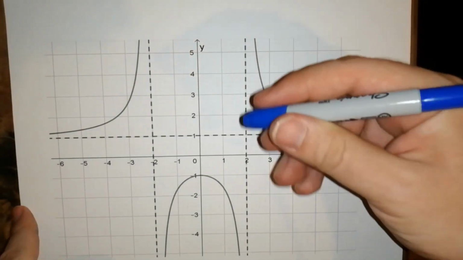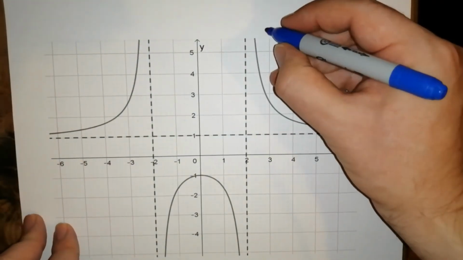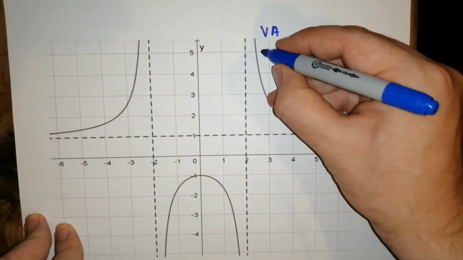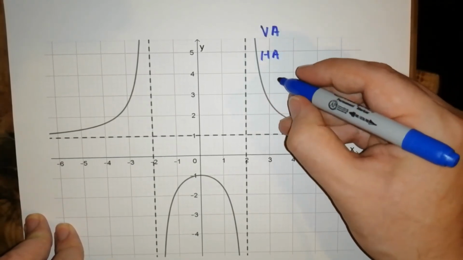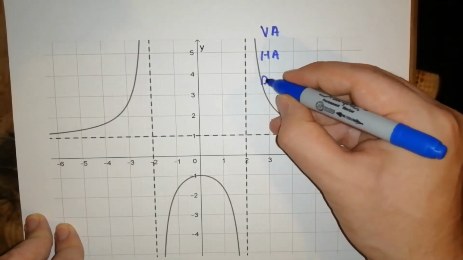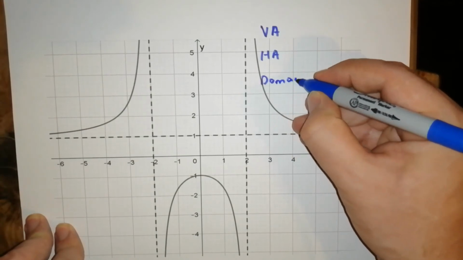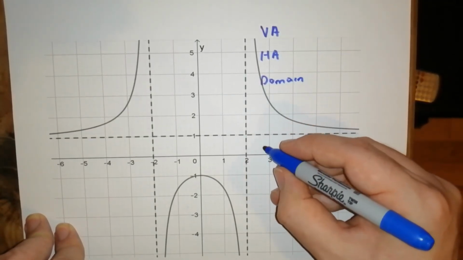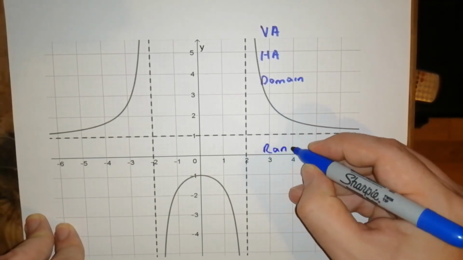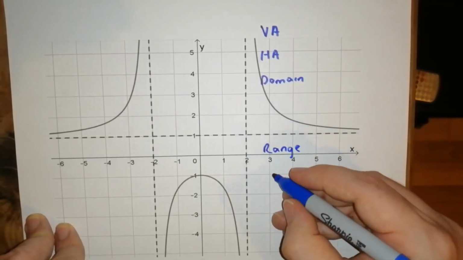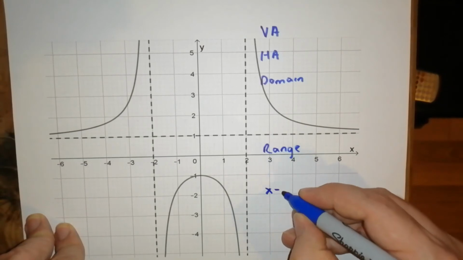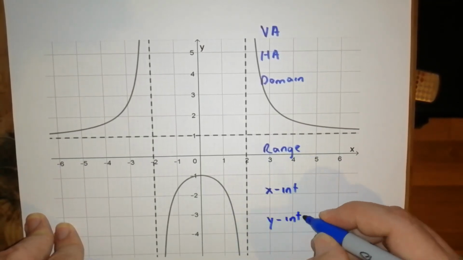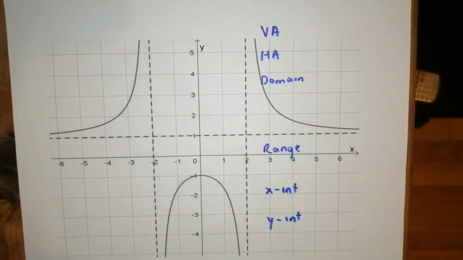We're going to find the vertical asymptote, the horizontal asymptote, the domain, and the range. And why not? Let's also find the x-intercept and the y-intercept, if they have any.